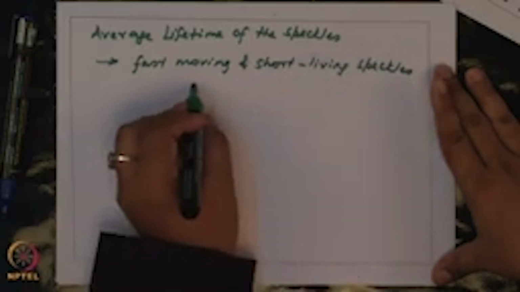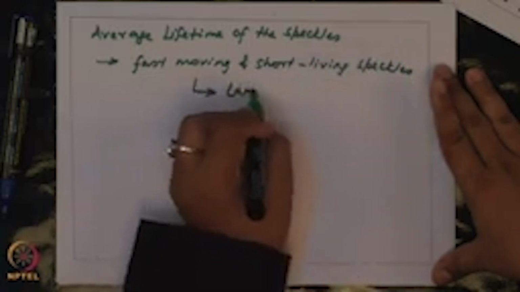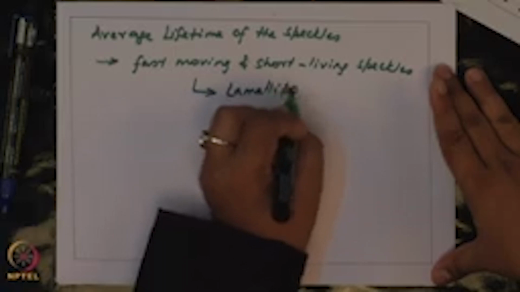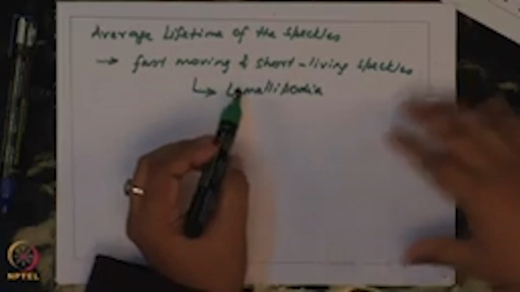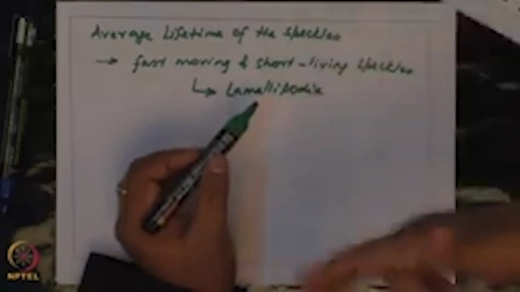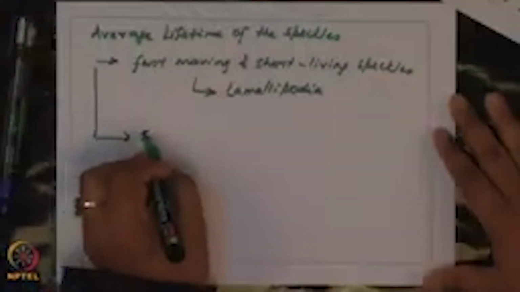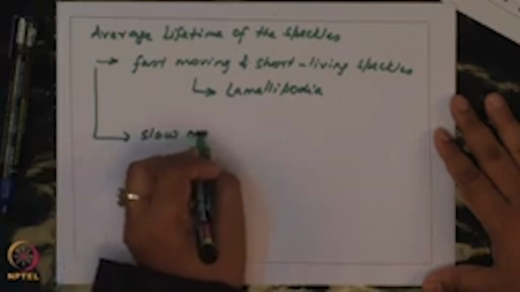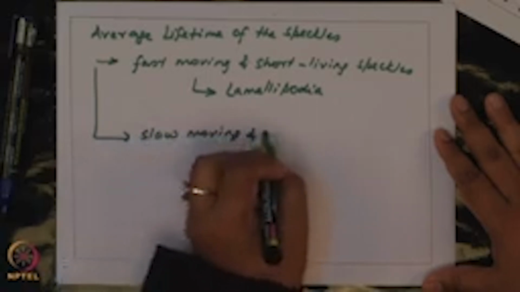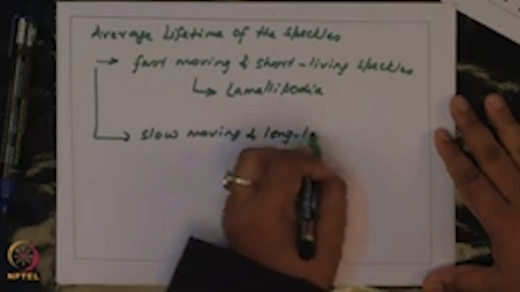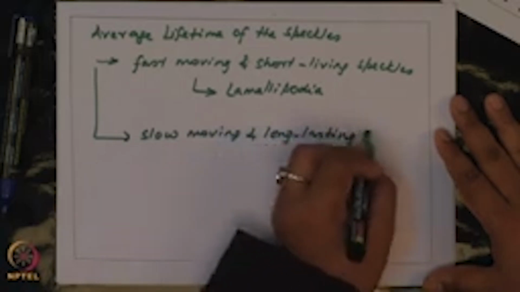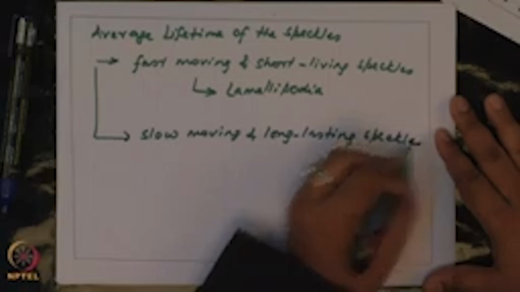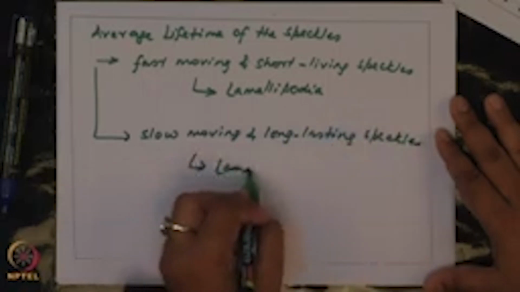These are the speckles present in the lamellipodia, and this makes sense because short living means the turnover rate is high. The monomers get provided and can be added at the leading edge, leading to polymerization. The second class was slow moving and long lasting. These were present in the lamella.